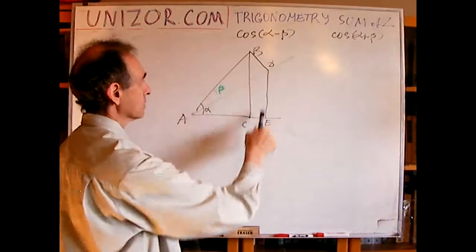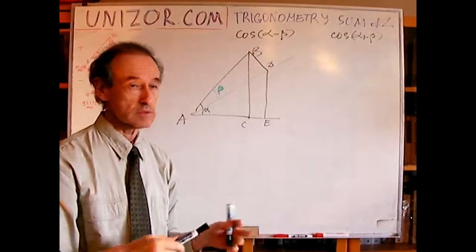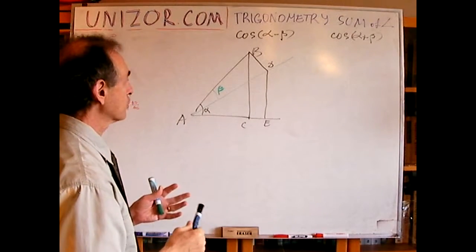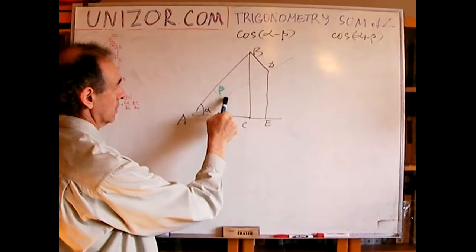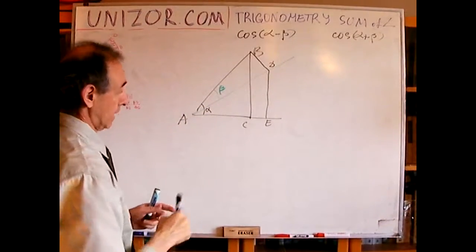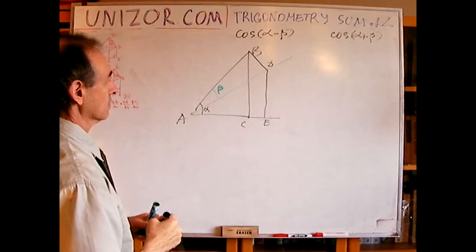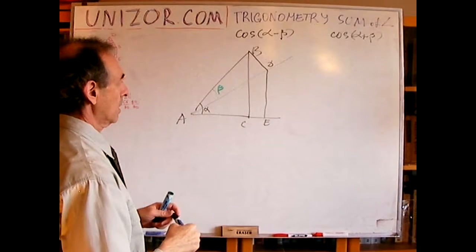These two additional constructions allow me to express the angle alpha minus beta, actually the cosine of this angle, in terms of other angles.